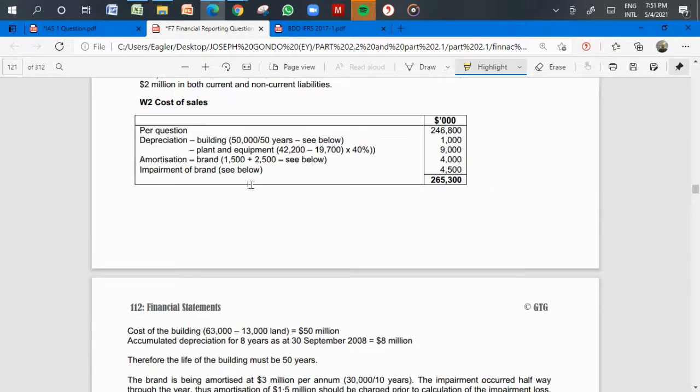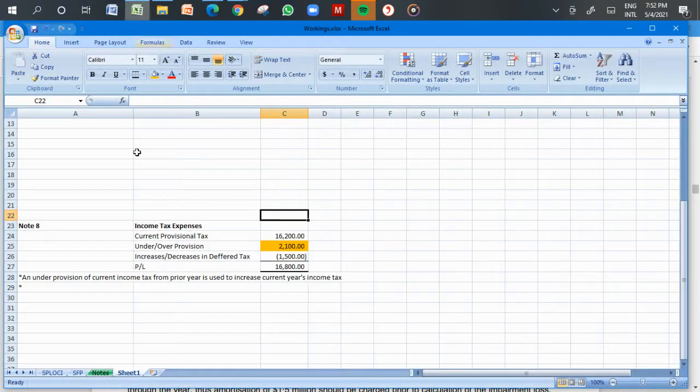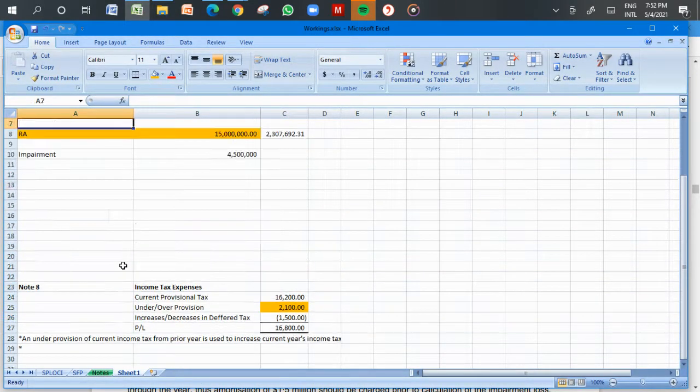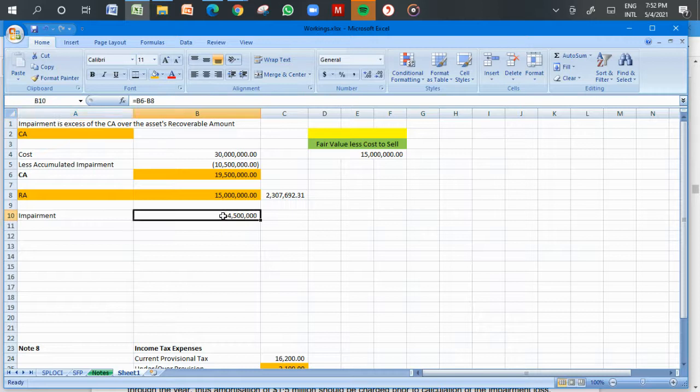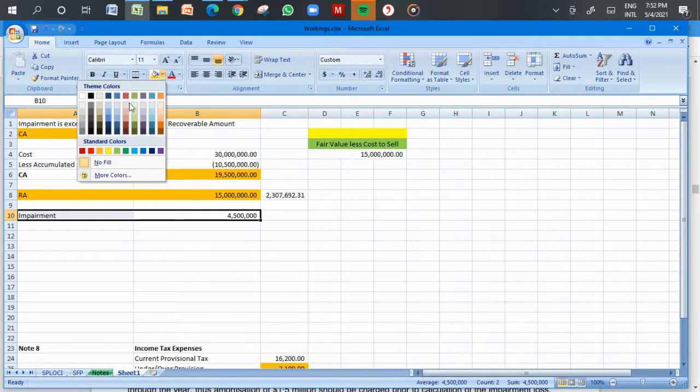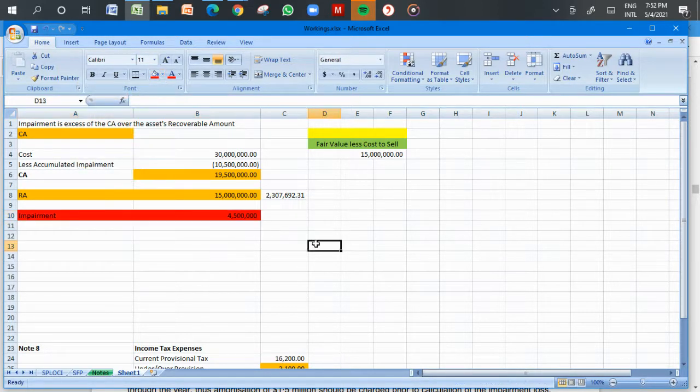So if we go to working number 6, okay, we're calculating the impairment of brand. As you can see, the impairment of brand is here, the 4.5 that we're calculating. So take note of how I was calculating.